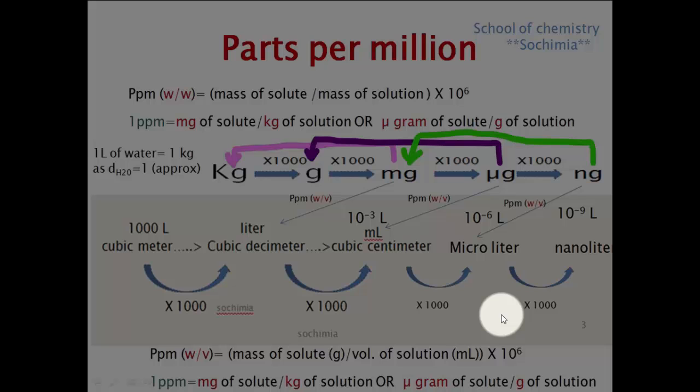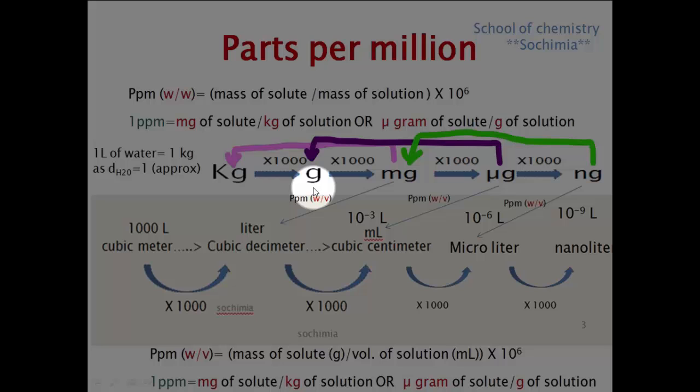In order to understand the concept here, if we take density of water as 1, we can say 1 liter of water measures approximately 1 kilogram, or 1 milliliter of water measures approximately 1 gram. So 1 ml measures 1 gram.